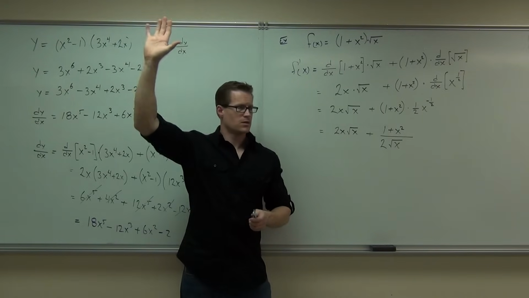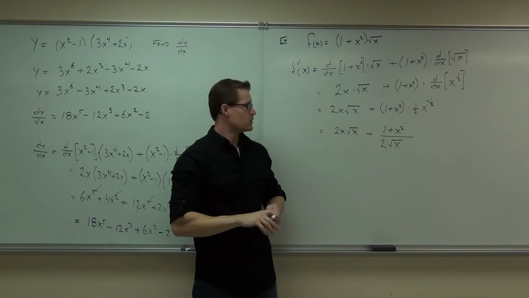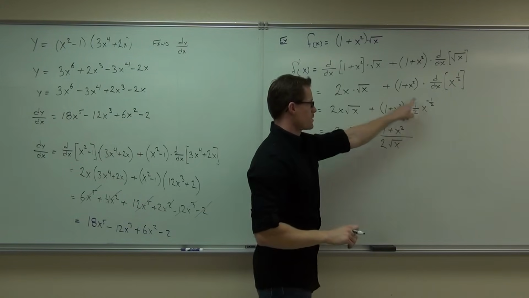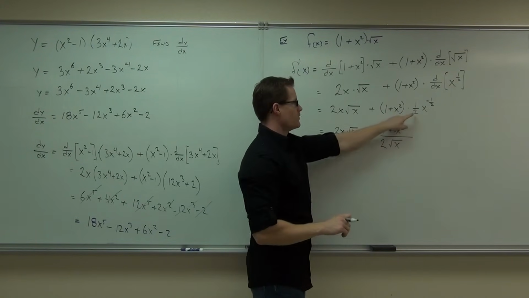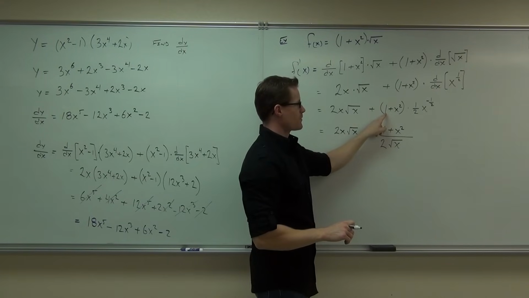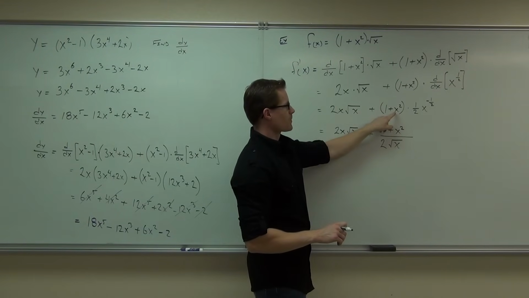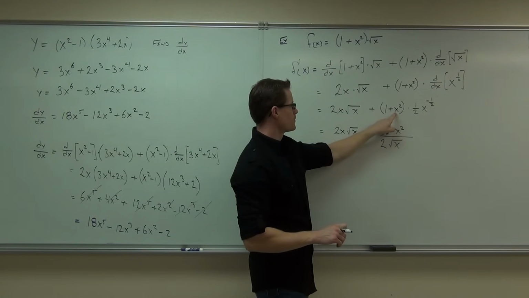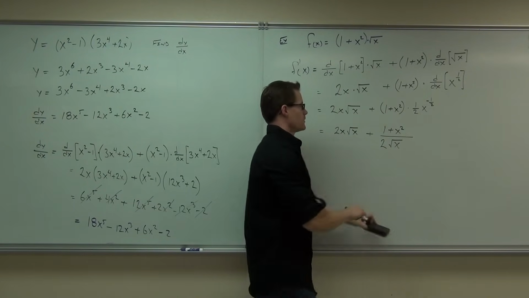Can we convert the square roots to fractions and then solve that? Sure, we can do that as well. From here you'd probably distribute that. You'd have 1/2 x to the negative 1/2 here, and you'd have plus 1/2 x to the 3/2. And then you would combine that with your other, if you use fractions over there.